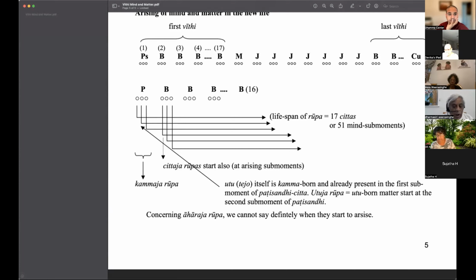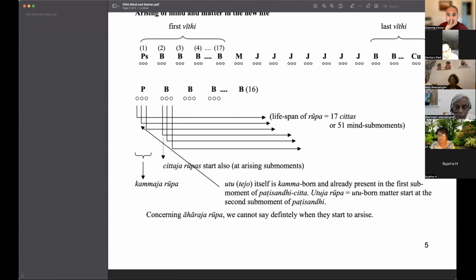I just want to know how it differs in manifestation, even though the rupas are the same.